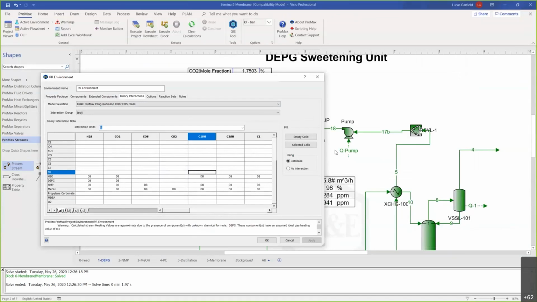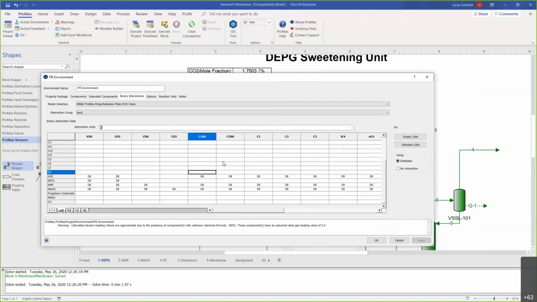There we go. You can see that I've got the ability to actually come in here and manipulate binary interaction parameters myself if I want to. So if you've got data that you'd like to match, you certainly could adjust the solubilities by adjusting the binaries. And that's something that we could probably also help you with. So the answer, Patrick, to that is yes.